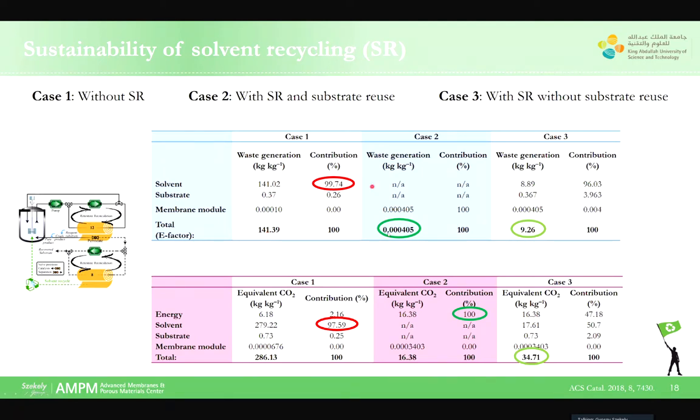So it's up to you if you want to reuse the substrate or not. Just by recovering the solvent, you can significantly reduce the waste generation. And a similar trend is observed for the carbon footprint that you can see here.